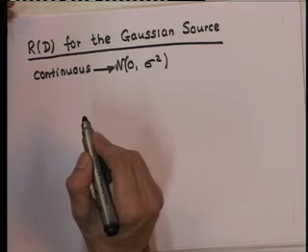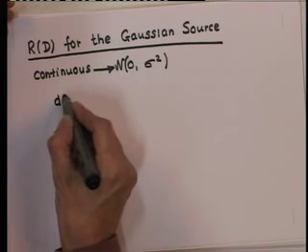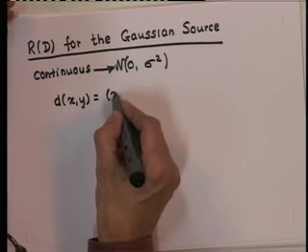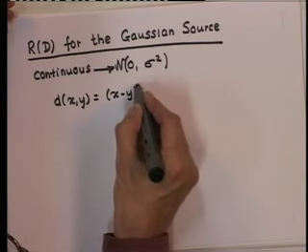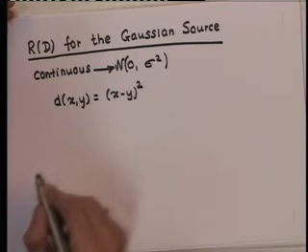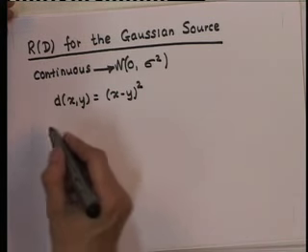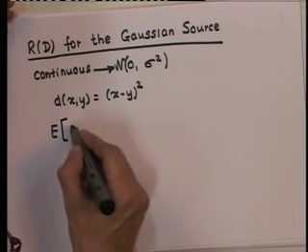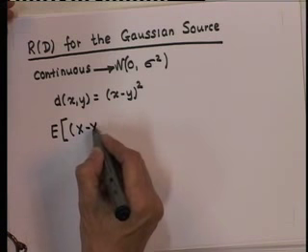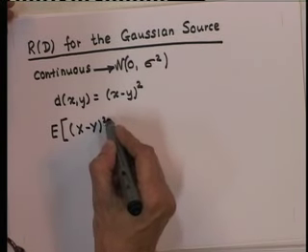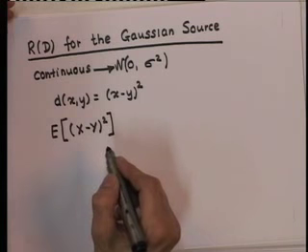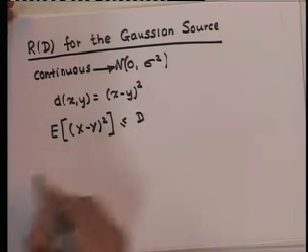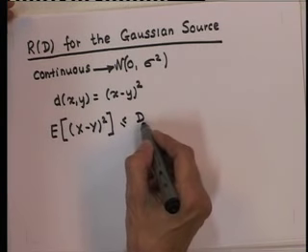We assume that our distortion measure is again the squared error measure. So, our distortion constraint is given by average squared error less than or equal to some specified distortion level d.